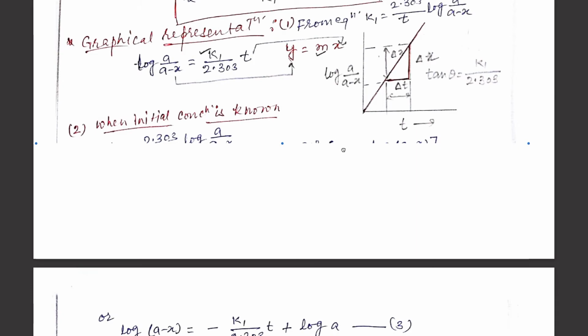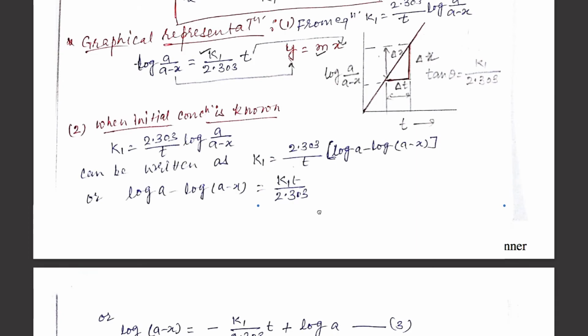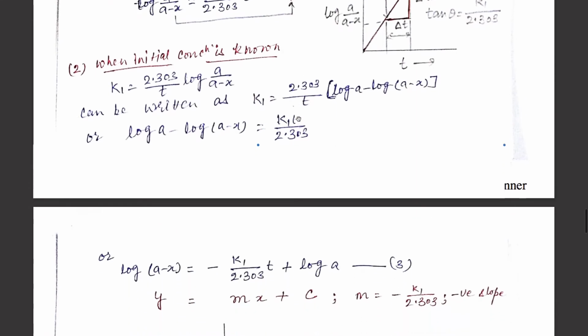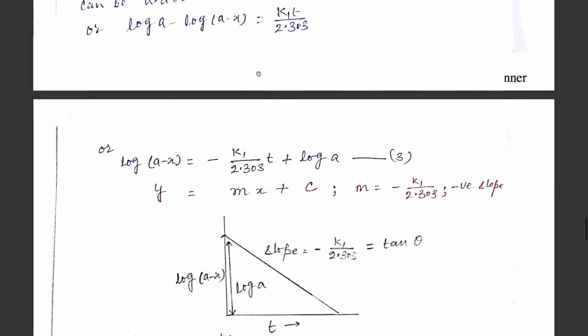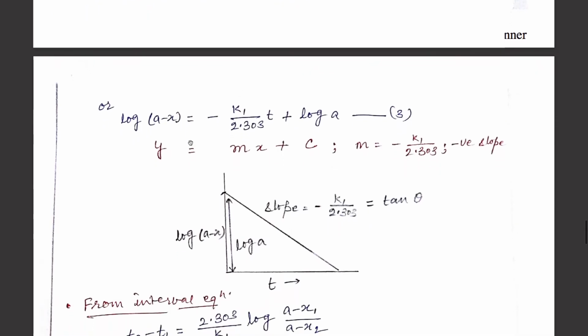Now, this can also be represented by another method. Expand this formula: log A upon (A minus x) can be written as log A minus log (A minus x). So from this equation, we can make an equation for log (A minus x).